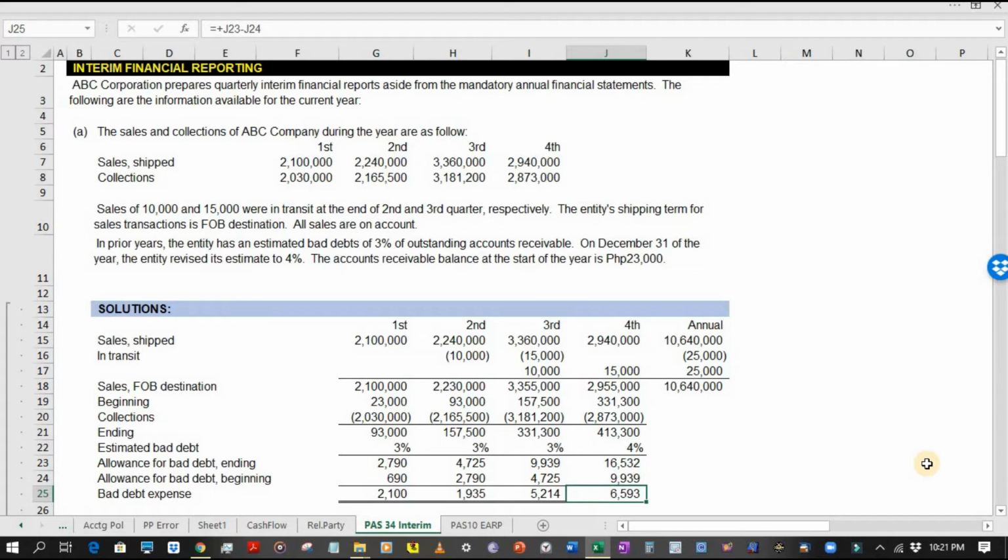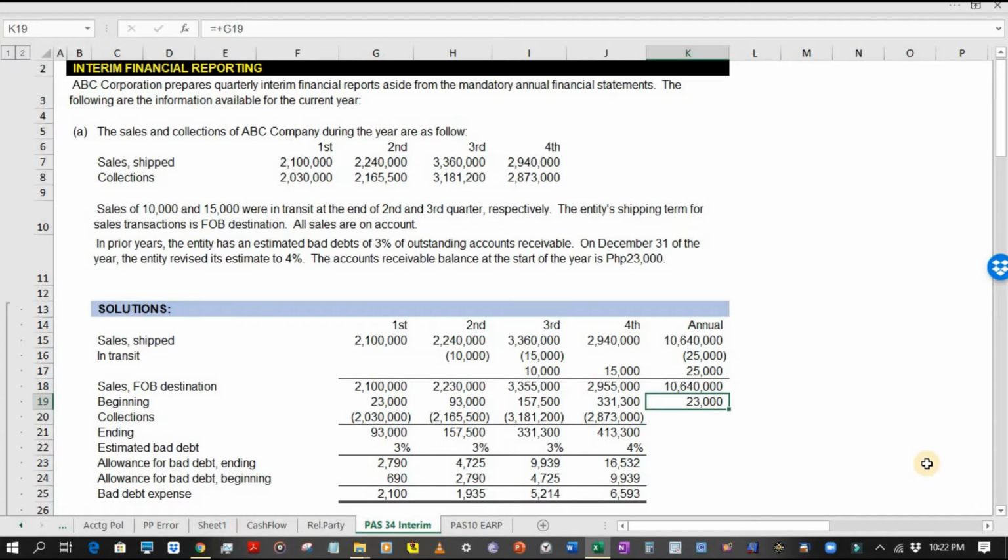Then for the annual reporting, the computation of bad debt expense will be based, of course, on the ending balance of the accounts receivable. But let us start the computation of the ending balance. So our beginning balance for the year, which is January 1, is 23,000 pesos.